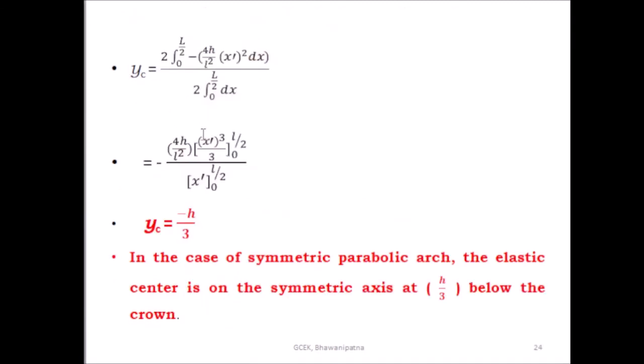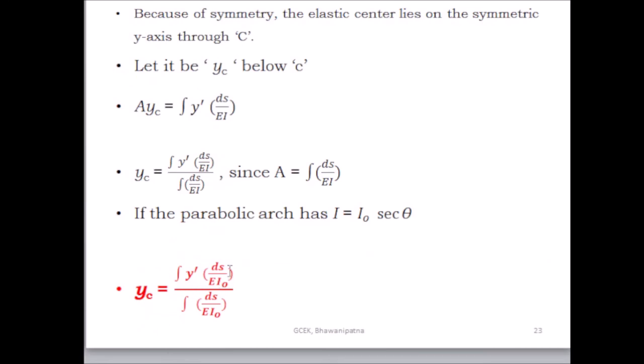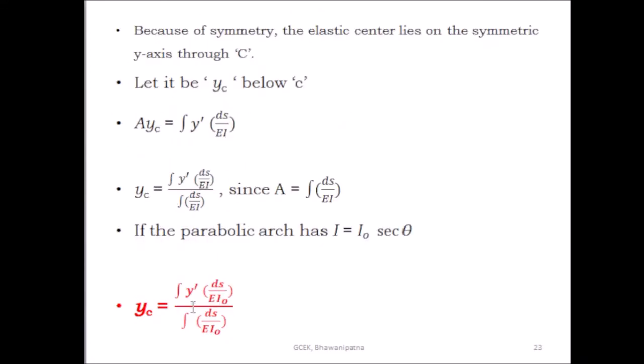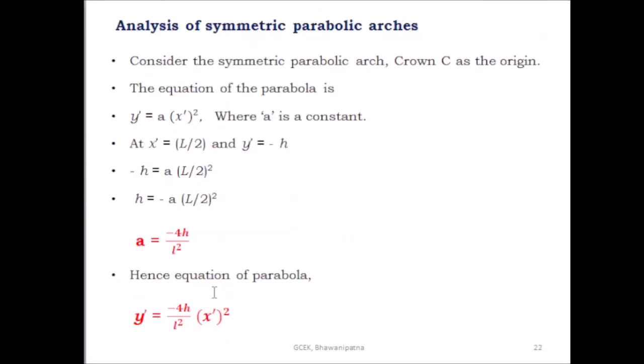So you can find out YC. Then you have to put here the y dash value. Y dash is equal to minus 4H by L square into X dash square.